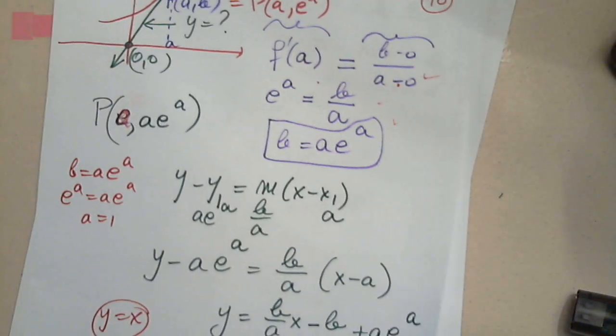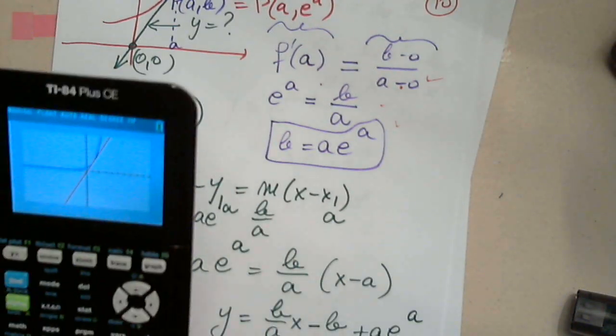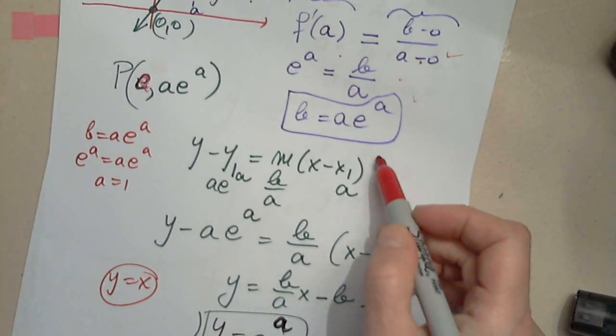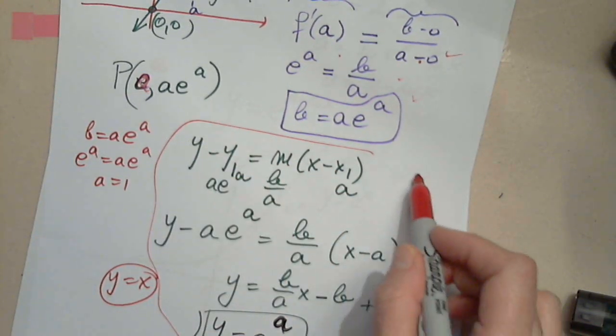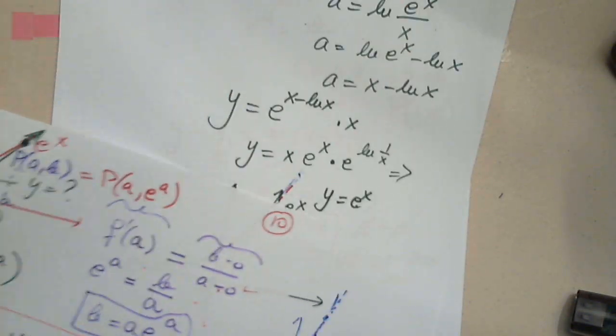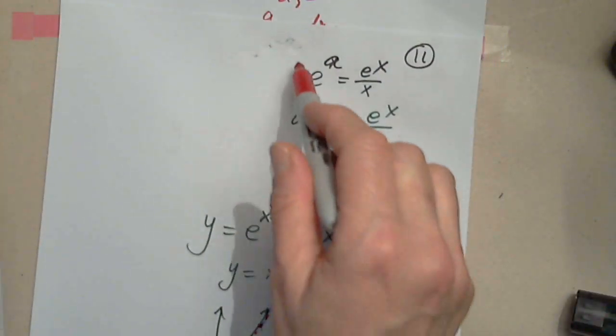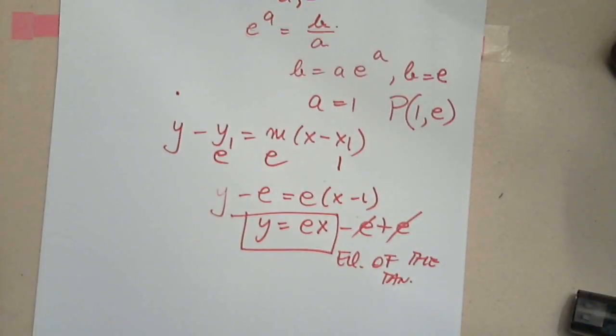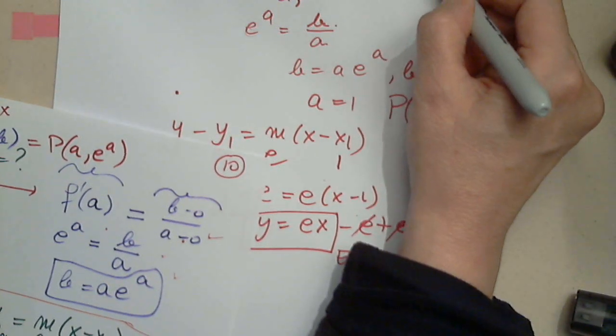I'm going to post this, but I'm going to cross out what is not relevant. So all this is good, but I needed to find a. So this is not relevant. I'm not going to put this in. This is not relevant at all. So that's 2. So that's 11.